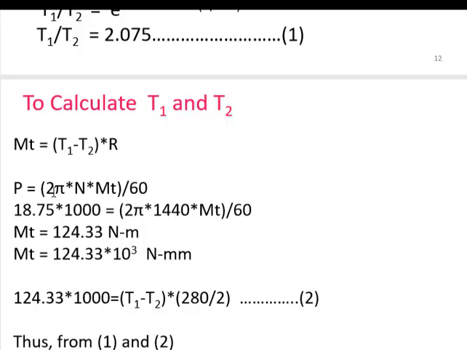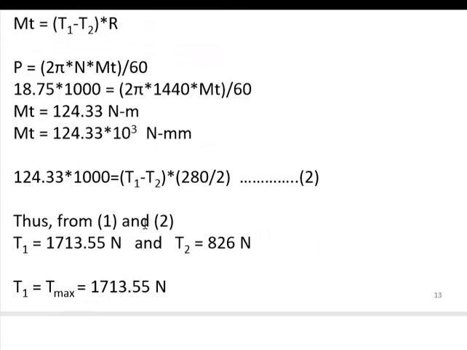Torque can be found out from the power equation. The power is 2 pi NT by 60. By substituting the values, the torque comes around 124.33 Newton meter. If you multiply it by 10 raised to 3, it comes around 124.33 into 10 raised to 3 Newton mm.